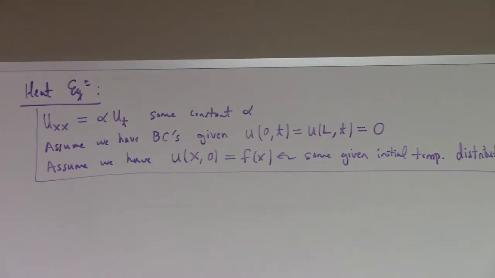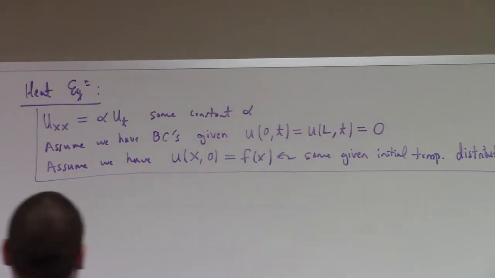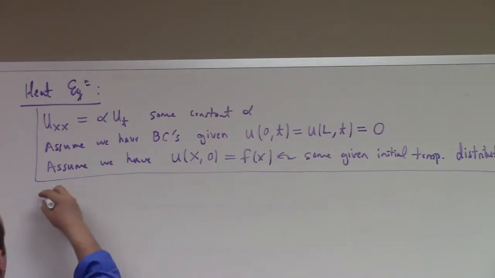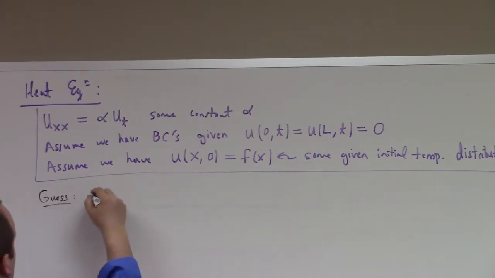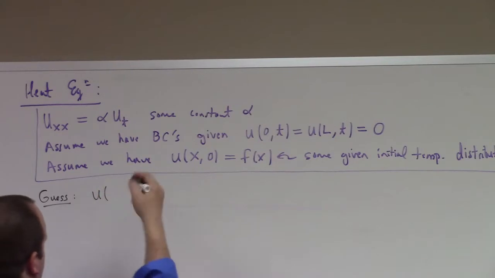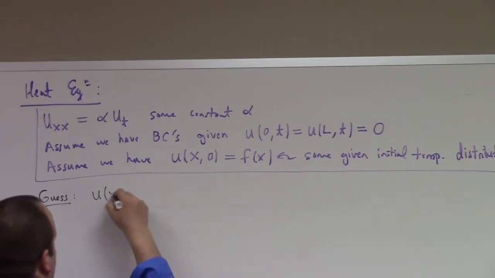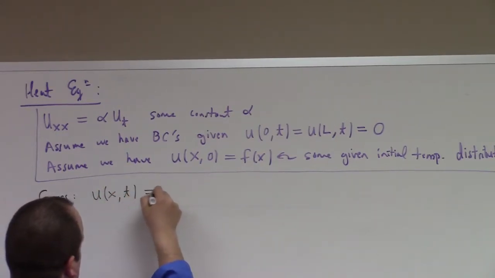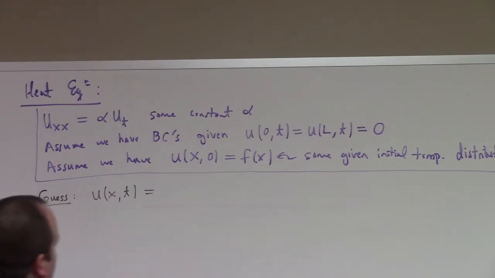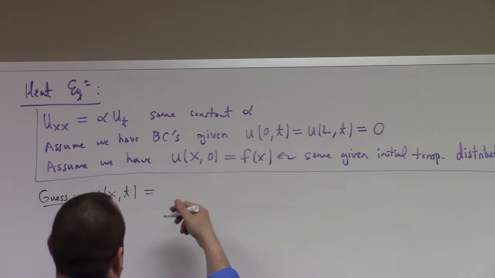So the first thing we do is we make a guess. We guess that we can solve this by using a rather simple kind of solution. Our guess is that we can find something like u of, and we're going to have to modify this guess as we go a little bit. Maybe we have to take our guesses and make a guess with our guesses.